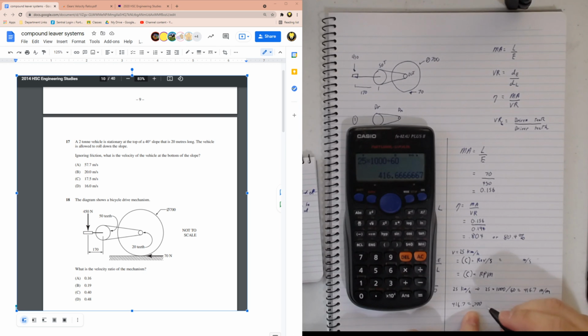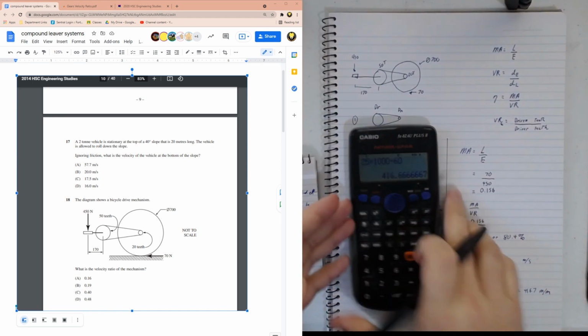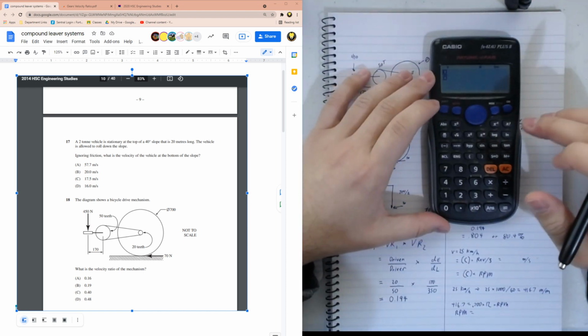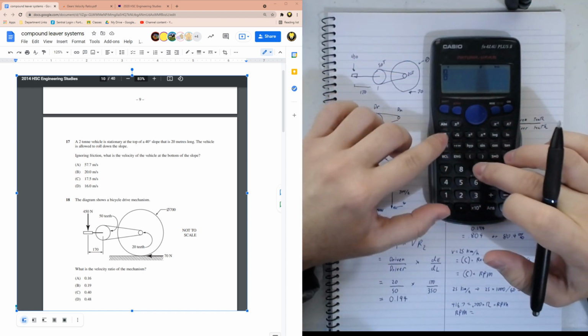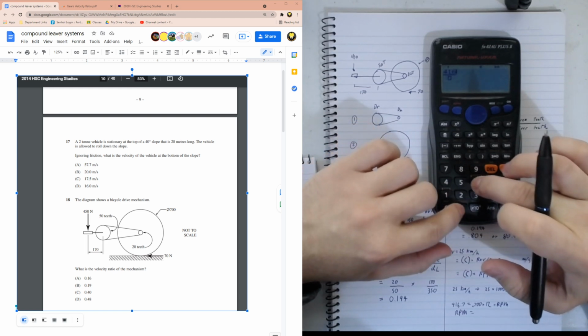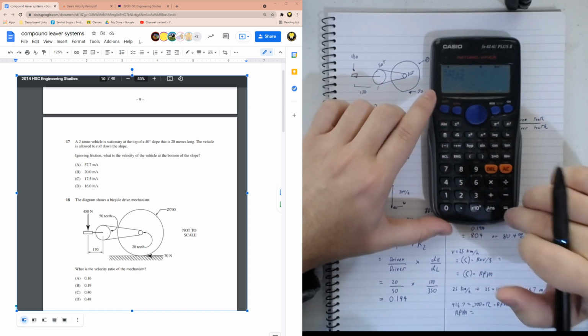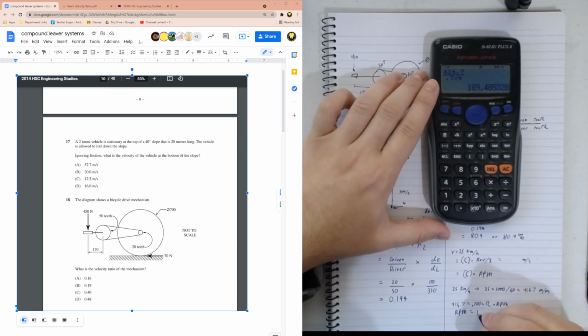So 0.700 times pi times RPM. So our RPM is going to equal 416.7 divided by 0.7 times pi, as a fraction. Our RPM should be 189, let's just round that off to 189.5.